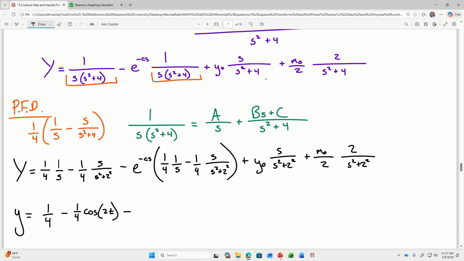We'll handle this part last, so I'll have y0 cosine of 2t. And then I'll also have m0 over 2 times sine of 2t over here for that inverse Laplace transform. And then this part that has e to the negative cs in there.